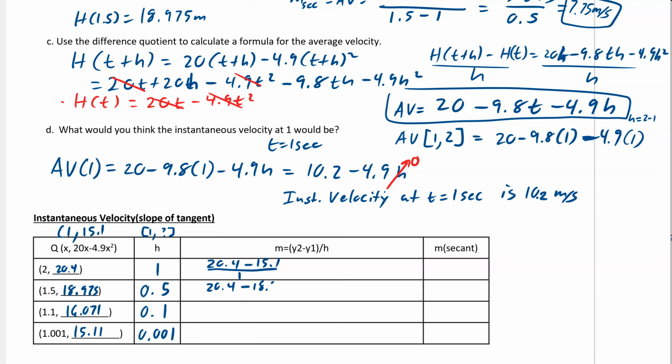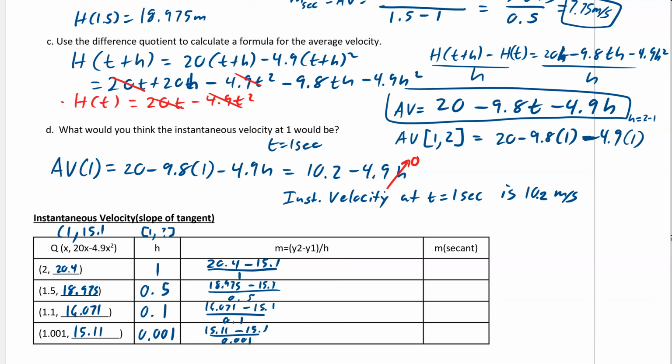Then 18.975 minus 15.1 over 0.5, and then 16.071 minus 15.1 over 0.1, and then 15.11 minus 15.1 over 0.001, and that gives us the slopes of our secants.